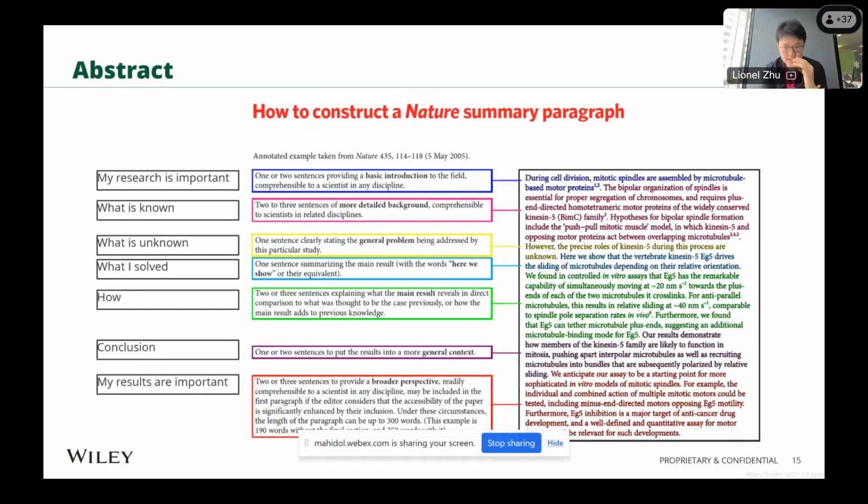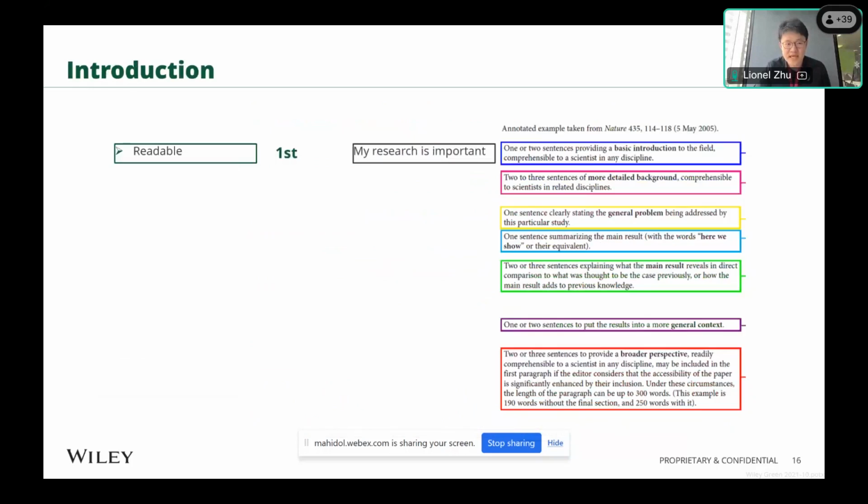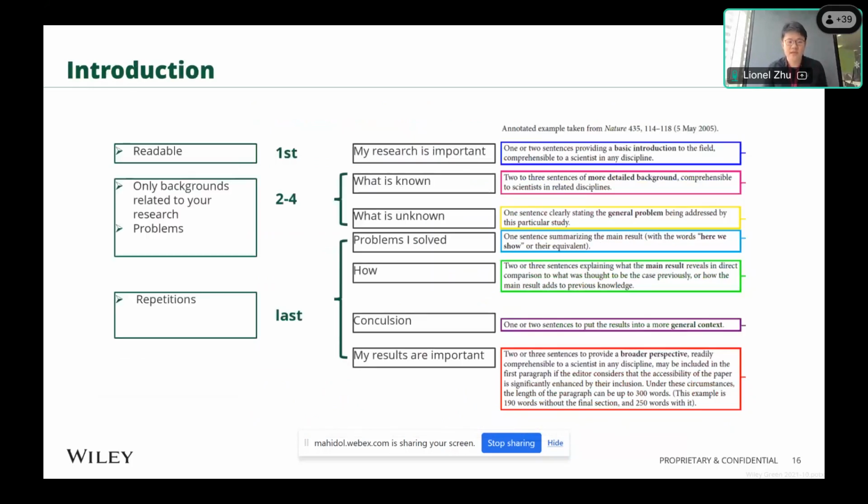I have highlighted the different sections. Basically, what you need to write there is, starting with why my research is important, what is known and what is unknown, what I solved and how I solved it, and the conclusion. Then followed by, my results are important. Then it's the introduction, which is the same.